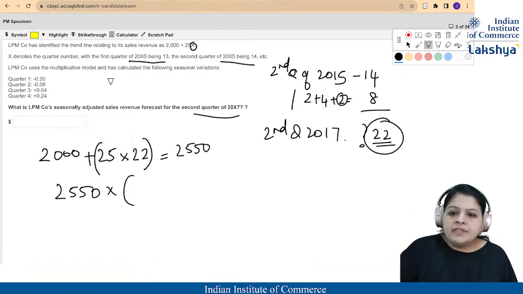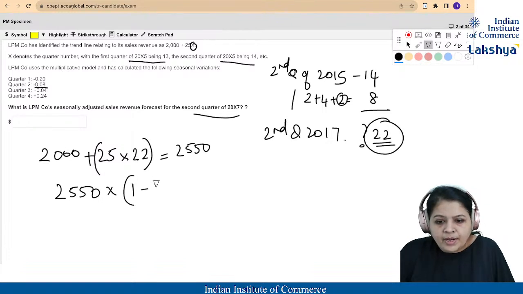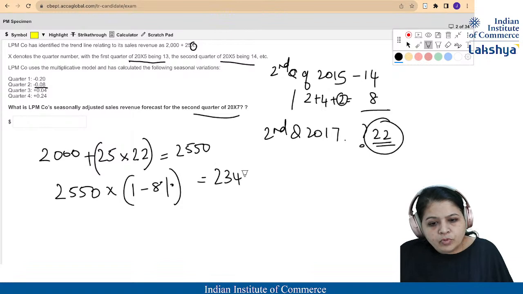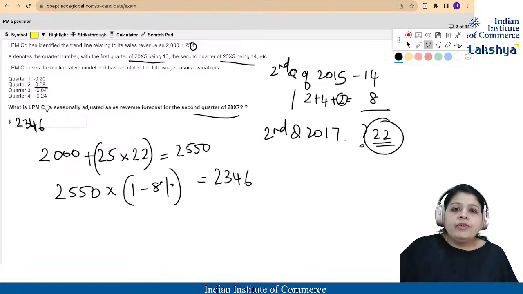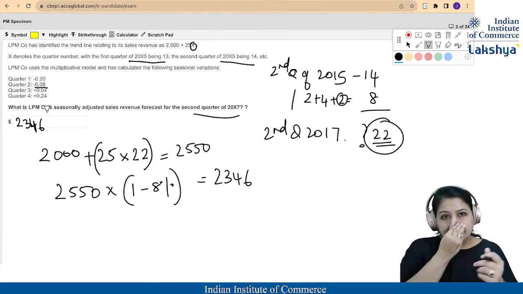LMP uses the model with a seasonal variation of second quarter at 0.08. That means 8%. So it's going to be 1 minus 8%, right? And you will get your value, which is equal to 2346. So your answer here is 2346. A very, very simple multiplicative calculation of trend analysis, right?